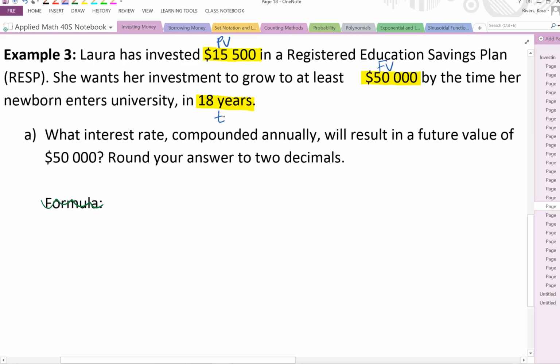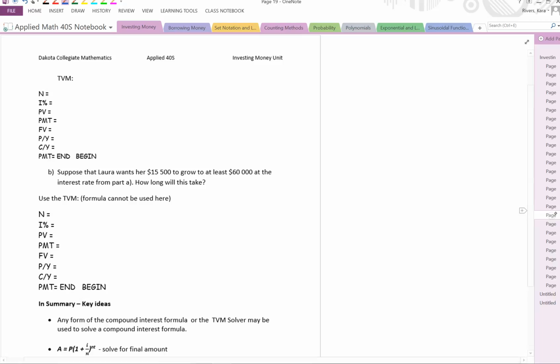And how are we being compounded? It says compounded annually. So C/Y is 1. They're not saying anything about how this is being paid other than one lump sum. So P/Y is going to be 1, and PMT will be 0. All right, let's turn the page and plug all of this in.